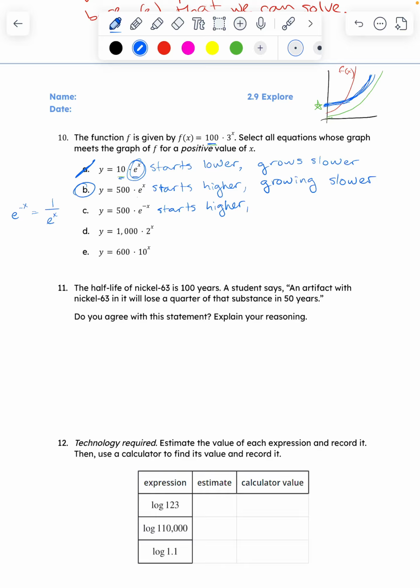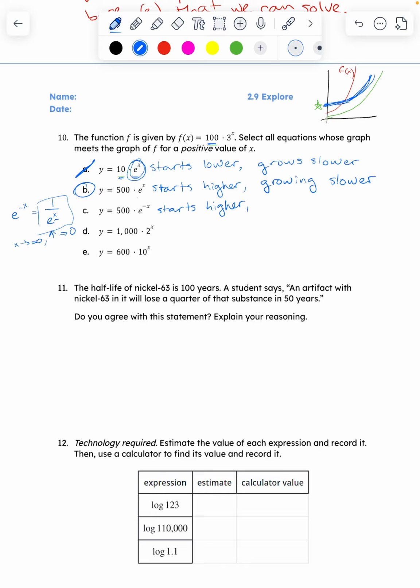Well, 1 over e to the x, as x gets super, super big, it's going to get super, super small. Remember when we talked about rational functions, I have an exponent here in my denominator. That thing's going to get huge as x approaches infinity. So the denominator is going to get huge, so this whole fraction, as x approaches infinity, approaches 0.